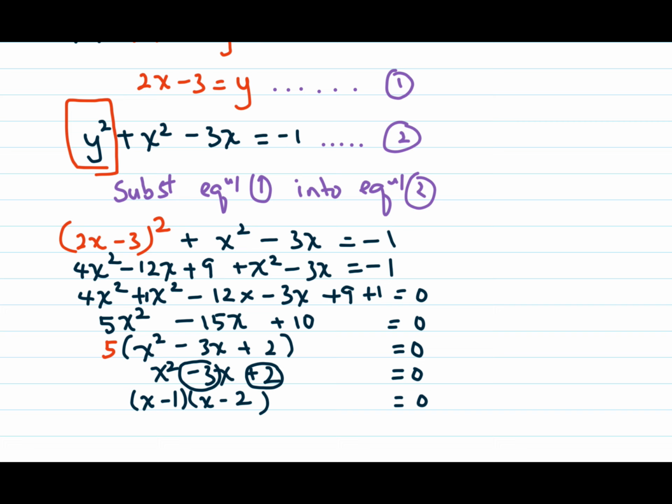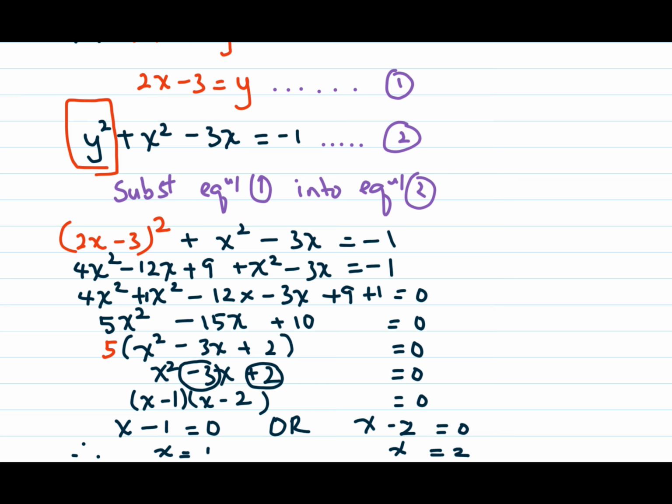So this would mean that x minus 1 is equal to 0 or x minus 2 is equal to 0. Therefore, we have x is equal to 1 on one side and x is equal to 2 on the other side.